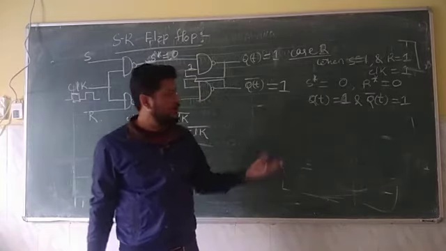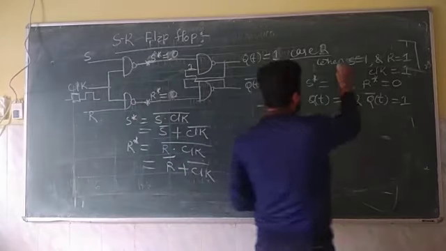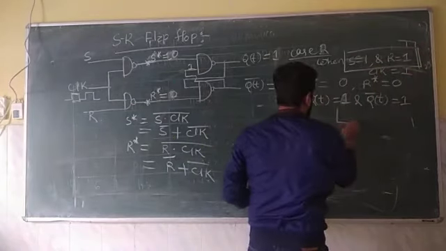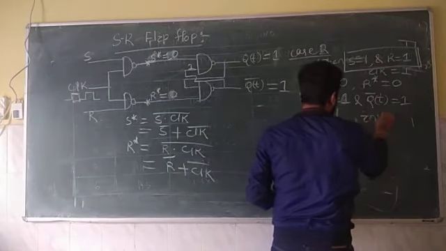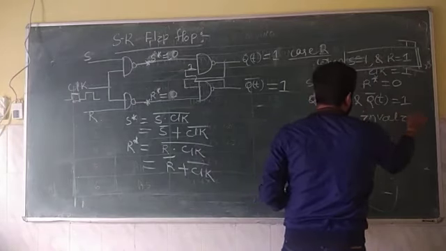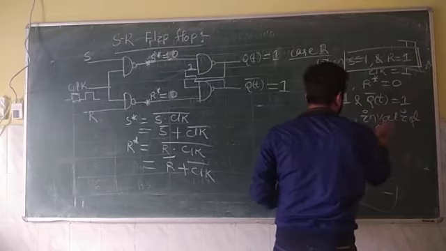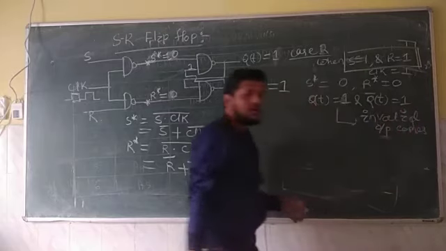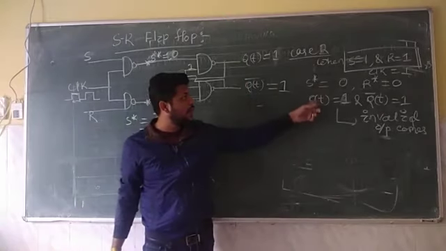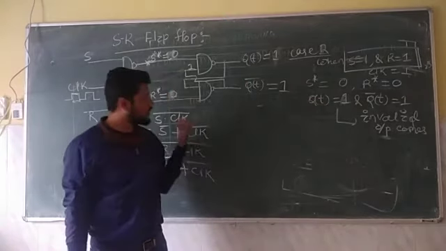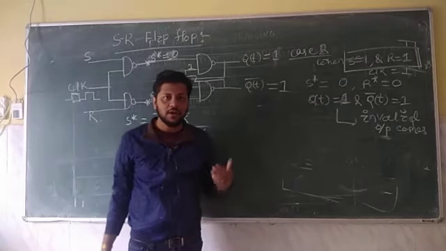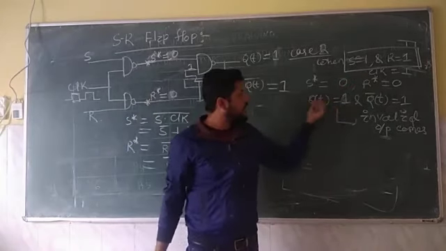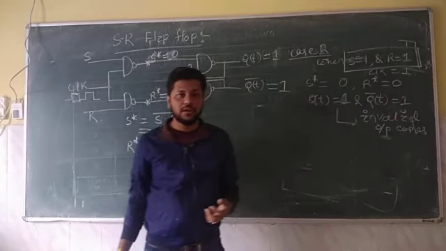So that's why this input when S is equal to 1, R is equal to 1 is invalid, because of this condition, an invalid output comes. So never apply S is equal to 1, R is equal to 1 in case of SR flip flop, because when S is equal to 1, R is equal to 1, we get Qt is equal to 1 and Q bar t is equal to 1.